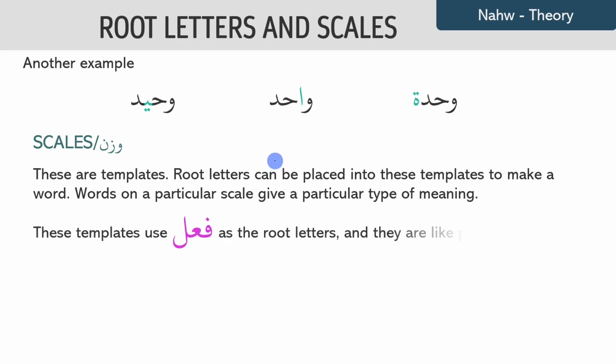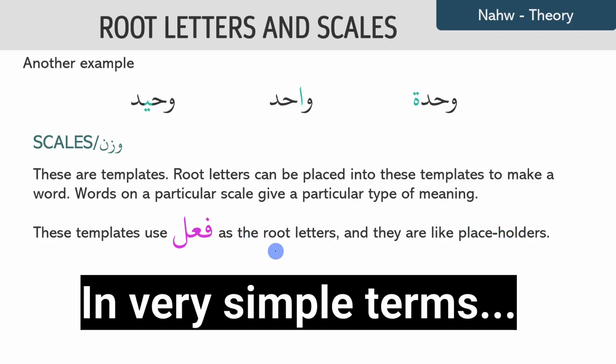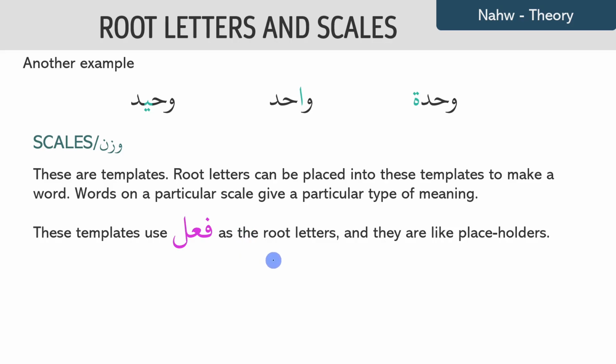The standard way of writing a scale is to use the word fa'ala, and fa, ain, lam are essentially placeholders. I really like the term placeholders because in computer science a placeholder is a string of characters or text which is temporary, and you're going to fill that place up with your own data that is important.